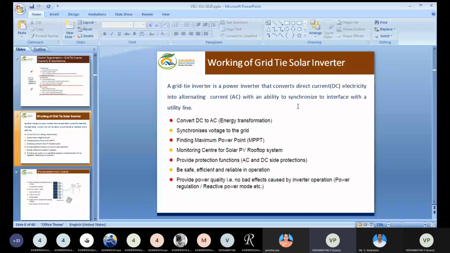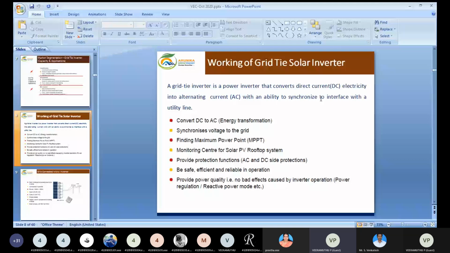Here the inverter AC voltage will be 230 volt if it is single phase. If it is three phase, the voltage will be 430 volt. For example, the inverter gives 430 volt. First, it senses the electricity volts.